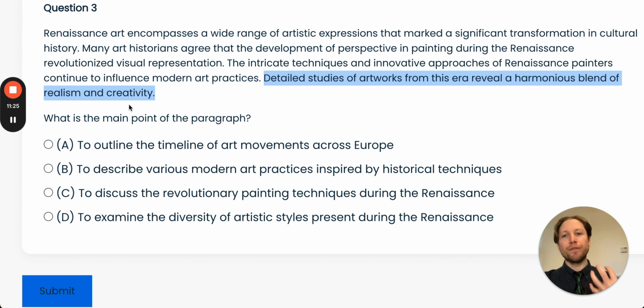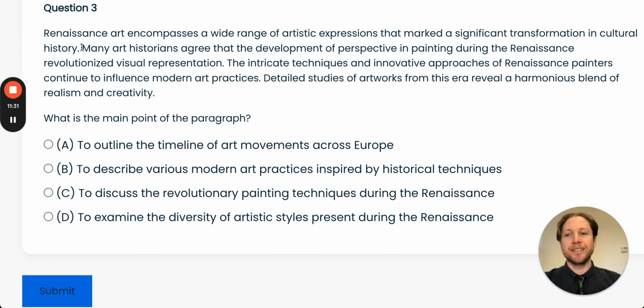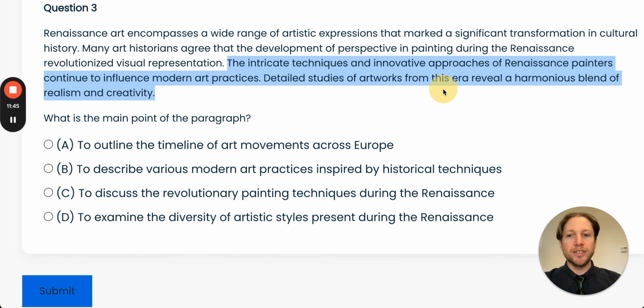Again, I'm not really feeling a main idea here, so I'm going to jump to the middle and go to this second sentence. Many art historians agree that the development of perspective in painting during the Renaissance revolutionized visual representation. And the third sentence, the intricate techniques and innovative approaches of Renaissance painters continue to influence modern art practices.